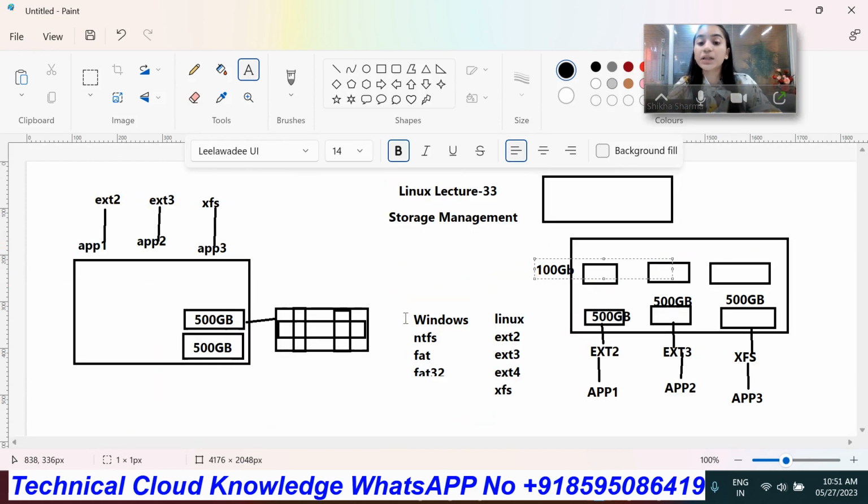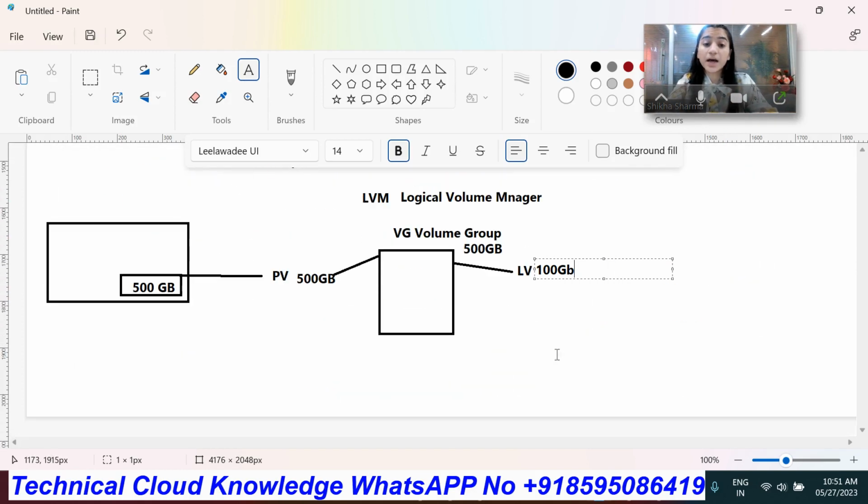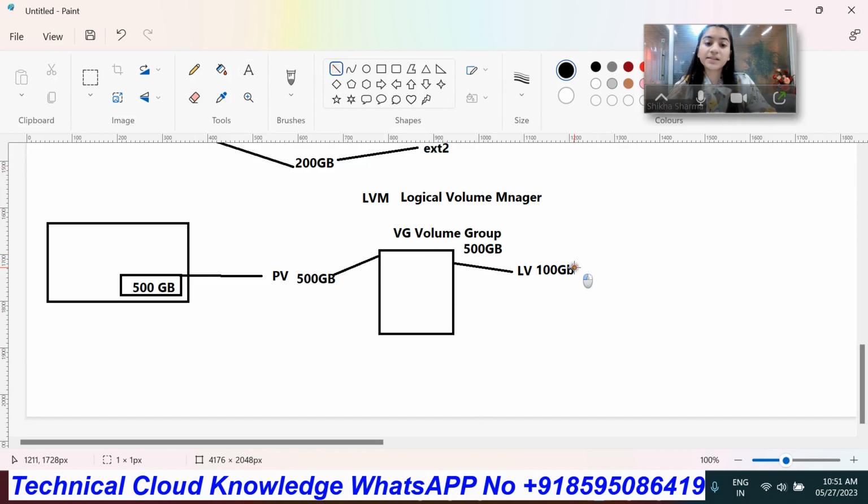In the standard partition way, we are doing the partition and providing different hard drives to each one. But in the virtual way, we will create the LV, which is about 100 GB, and then we will format it. It is also a kind of hard drive.